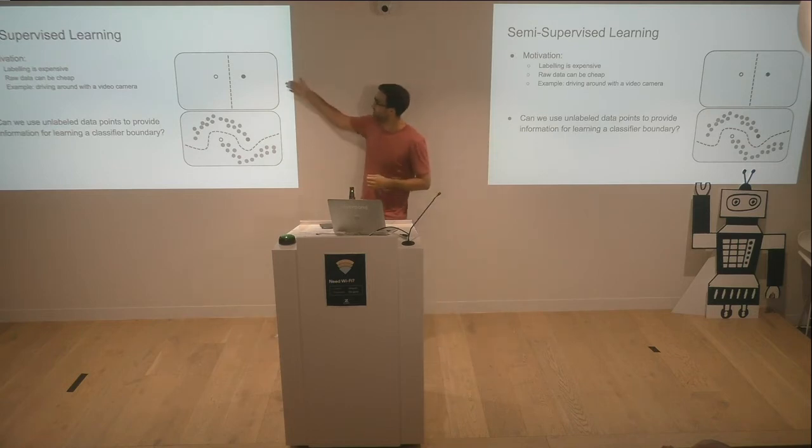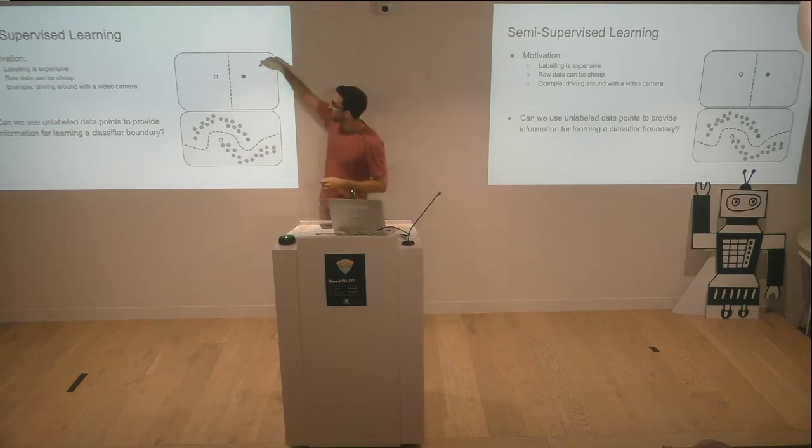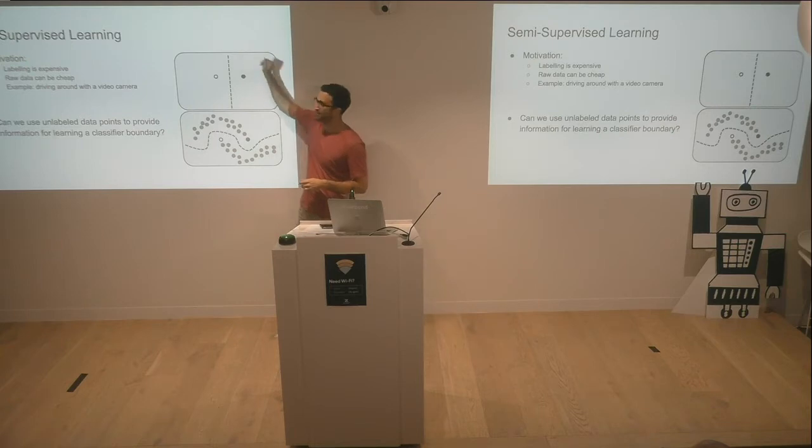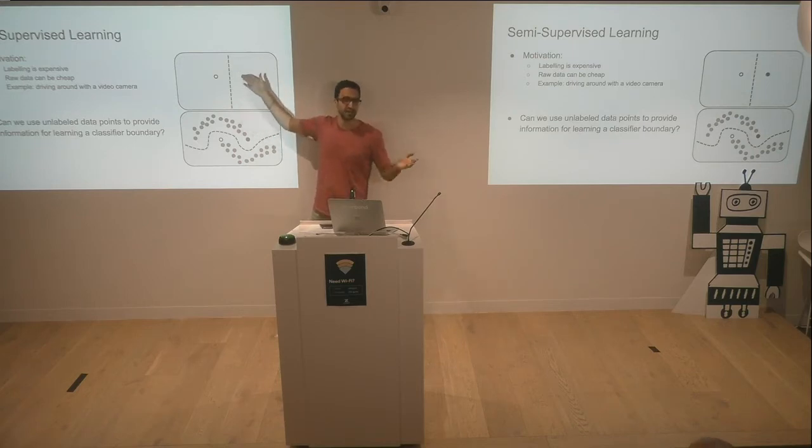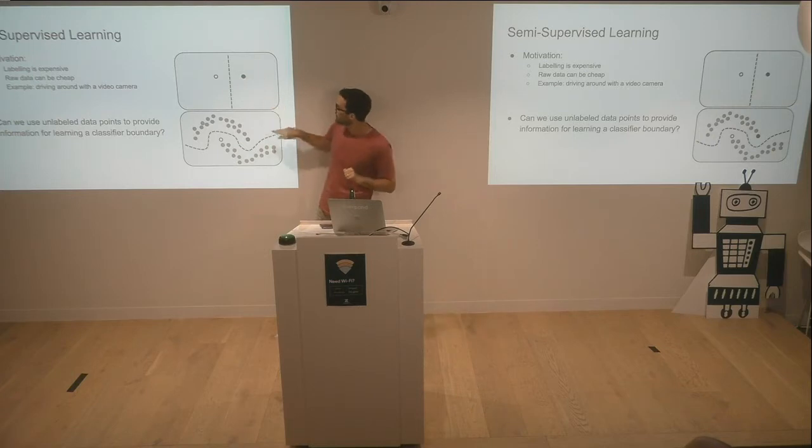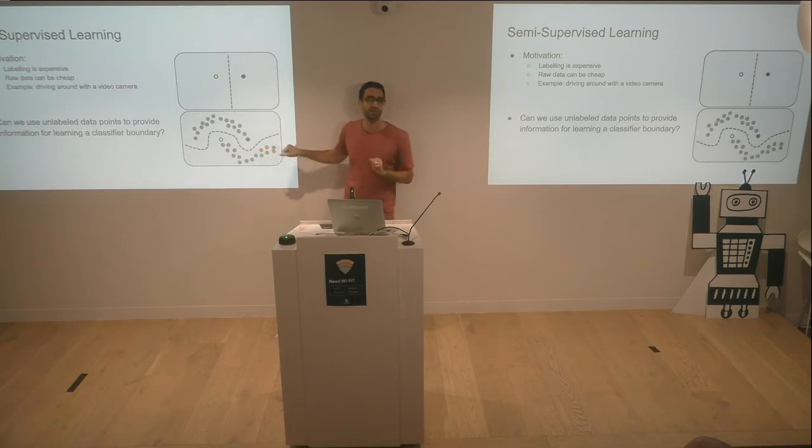So, for example, in this diagram, if the only examples of class white and class black that I have to learn from are these two, then the classifier boundary that I learn is just this vertical line. That's as good as any classifier boundary I might come up with. But if I have a whole bunch of other unlabeled data available, I can use that to inform my learning of the classifier boundary, because the distribution of the unlabeled data suggests there are clusters inside this data set.